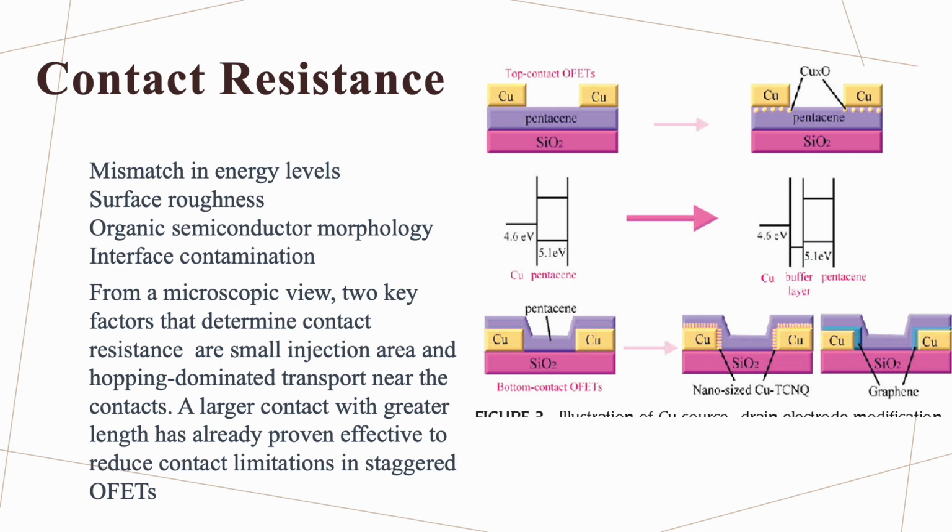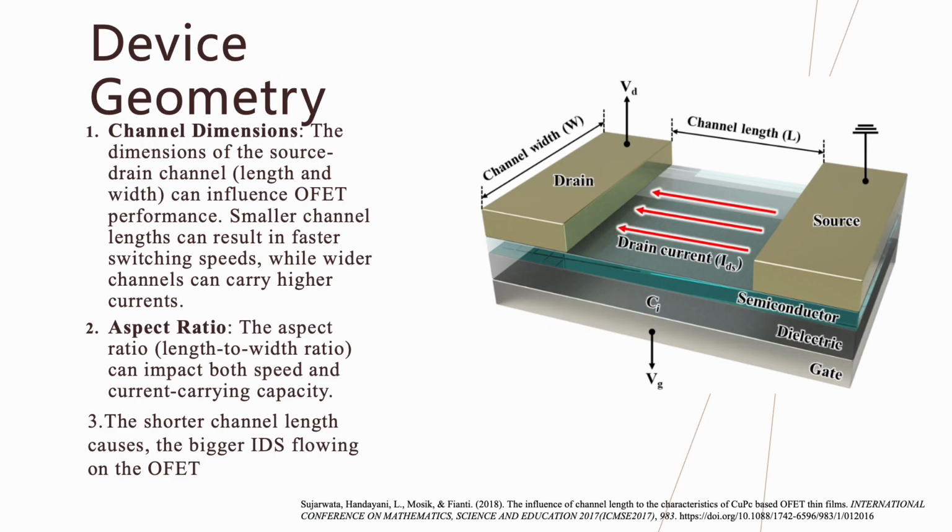Poorly ordered or disordered molecular arrangements can create barriers to charge carrier injection and extraction at the contacts. Contaminants or impurities at the interface between the organic semiconductor and the contact electrodes can introduce additional resistance by blocking or scattering charge carriers. We should also consider the device geometry.